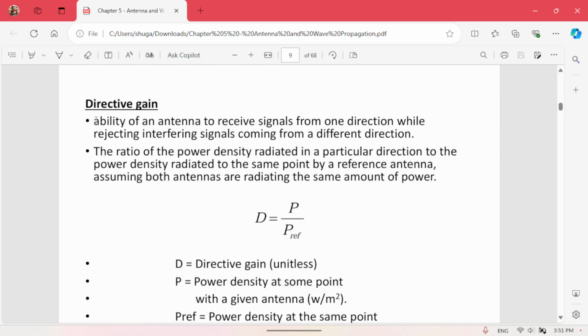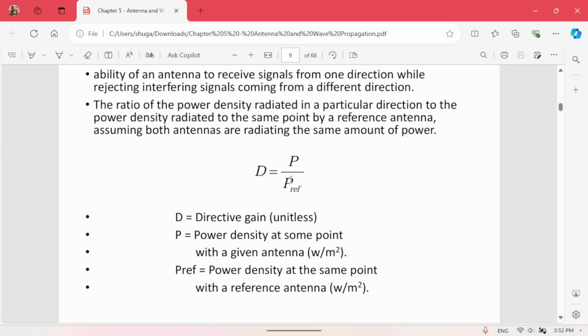Directive gain is the ability of an antenna to receive signal from one direction while rejecting interfering signals coming from a different direction. It is the ratio of the power density radiated in a particular direction to the power density radiated to the same point by a reference antenna, assuming both antennas are radiating the same amount of power.